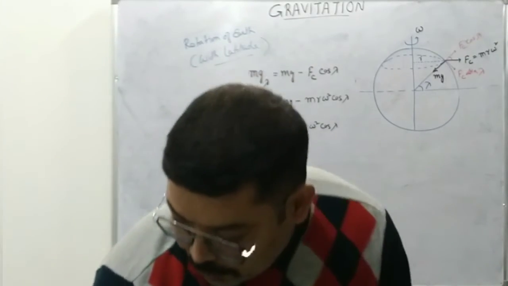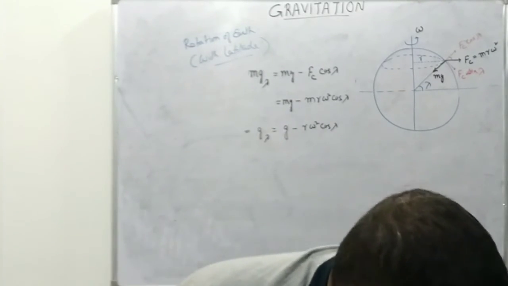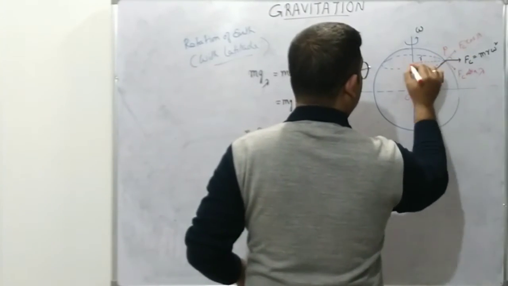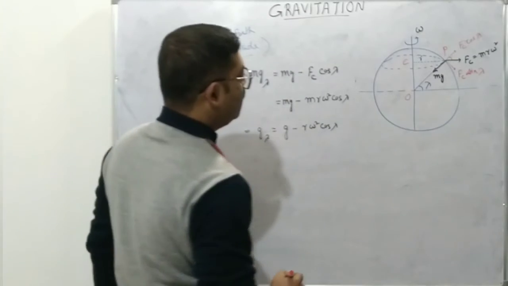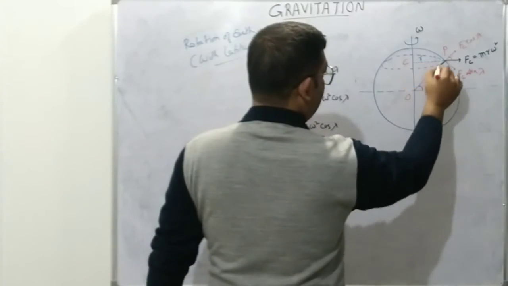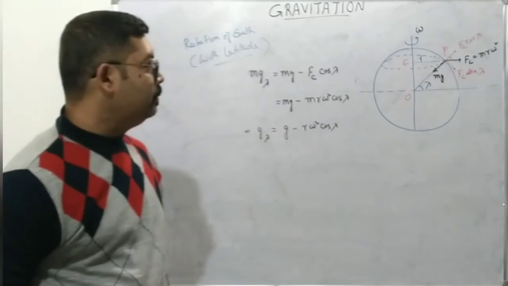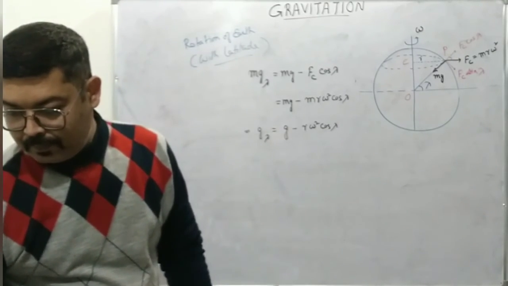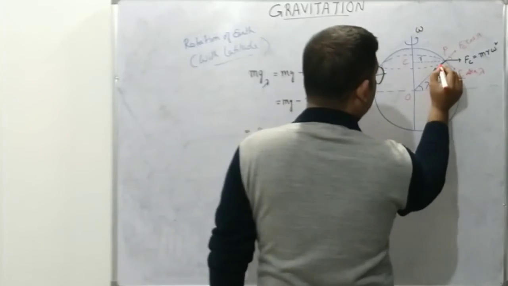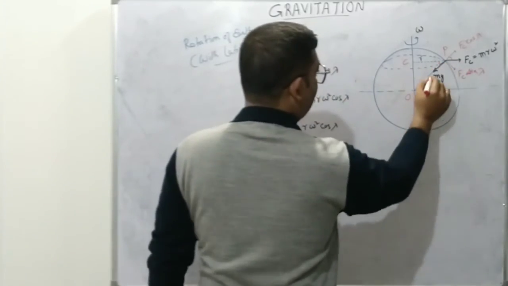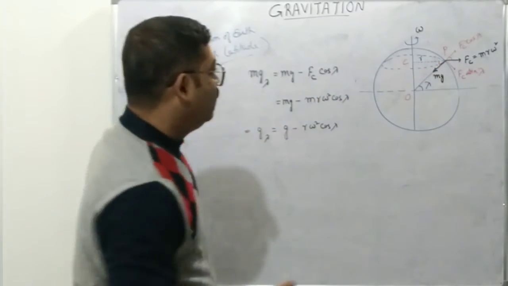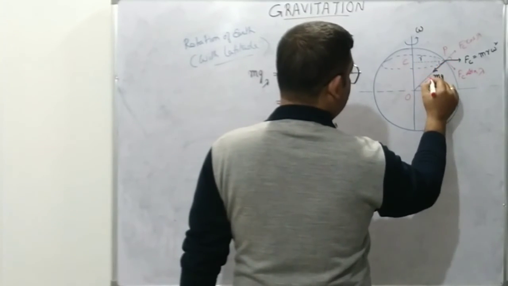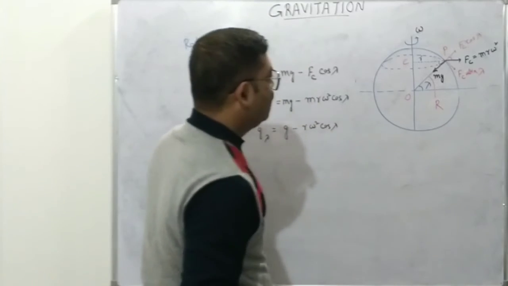Now, if I look at the geometry of the case, this is the origin, this is point P and this is point C, say. So in this triangle, what do we have? We have that this angle is equal to lambda, alternate angle, and this length is the radius of the Earth, right?